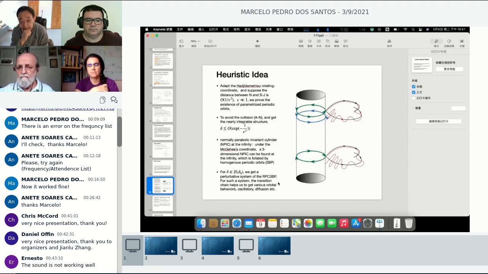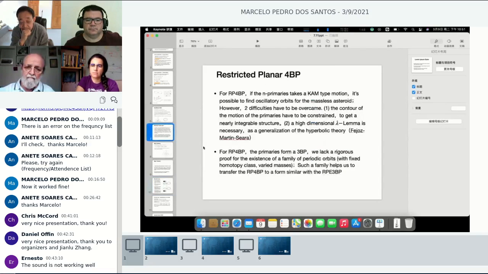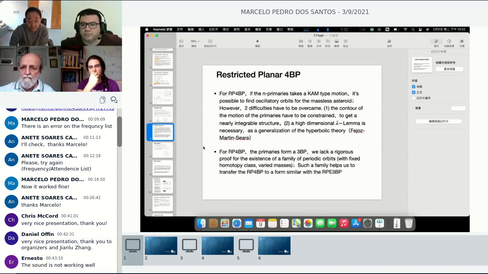So basically for this case, there is a difficulty because we actually lack a high dimensional lemma to guarantee the transversal intersection between the stable and the unstable manifold of certain points on the cylinders.